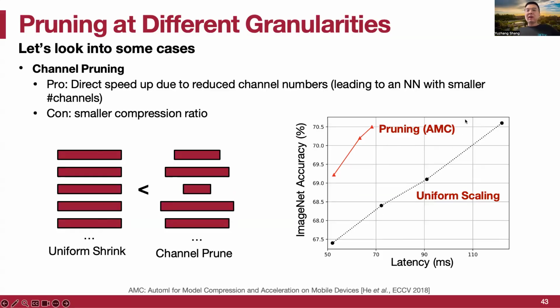Like this AMC algorithm, an ECCV 2018 paper, AutoML for Model Compression and Acceleration on Mobile Devices. This paper proposed that we can do non-uniform channel level pruning.